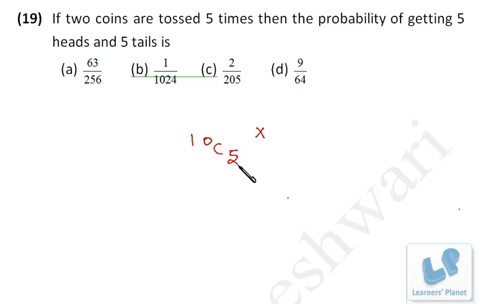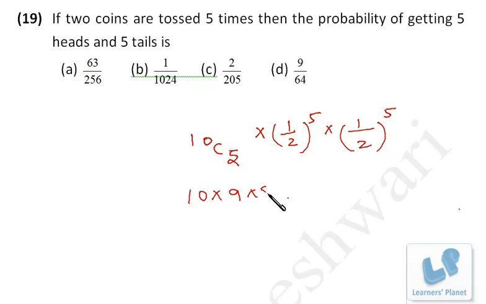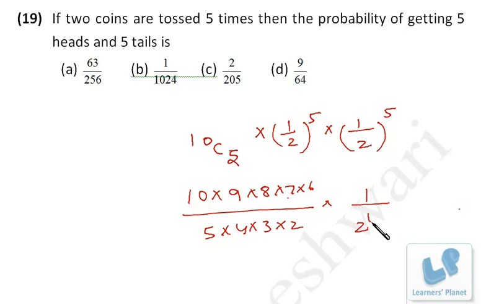So for those 5 out of 10 events in which we are getting heads, the probability of getting heads 5 times is 1 by 2 raised to 5. Similarly, the remaining 5 times we are getting tails, so the probability is 1 by 2 raised to 5. Now we just have to simplify that. It's 1 upon 2 raised to 10.